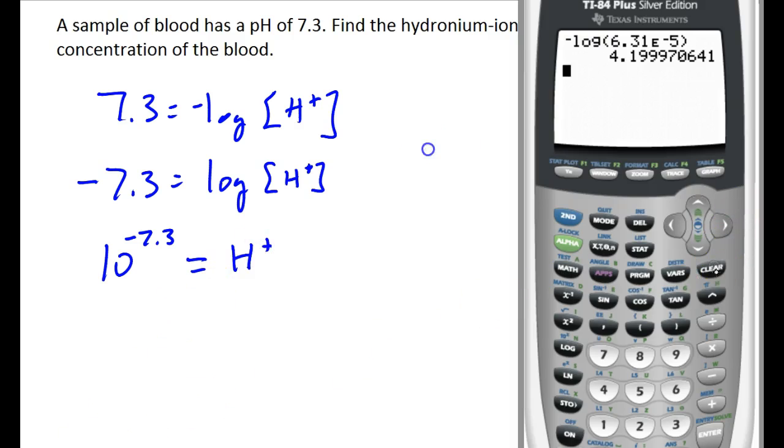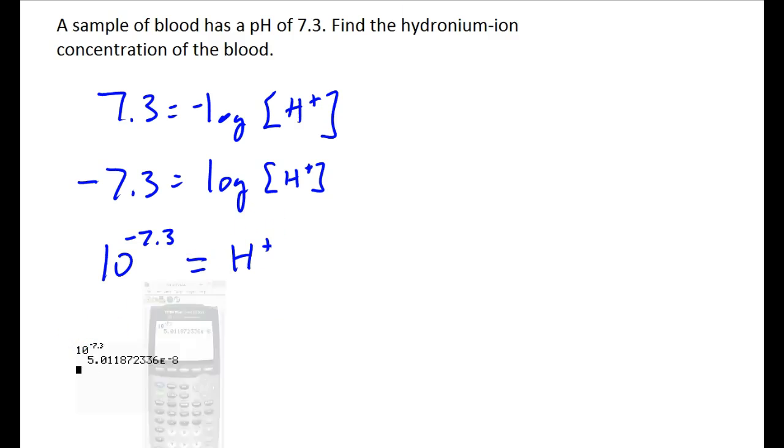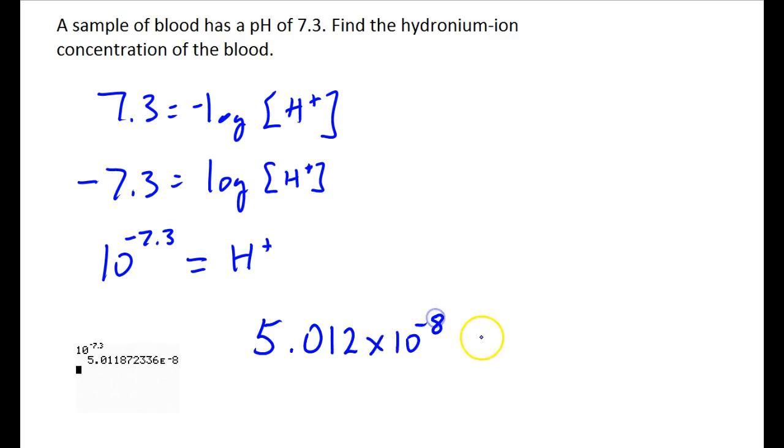When I work that out, I'm going to get 10 raised to the negative 7.3. Let me insert that negative in there. There we go. And what we get is 5.012 times 10 to the negative 8 moles per liter of hydronium ions.